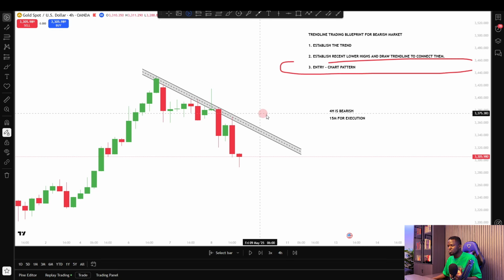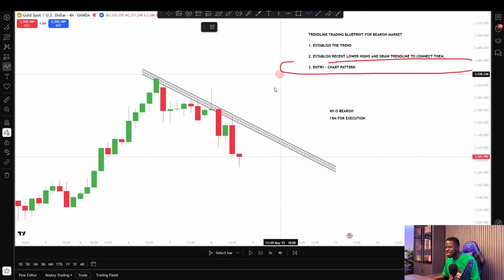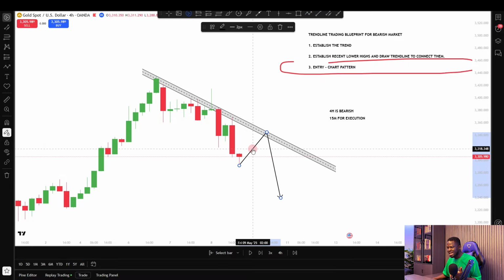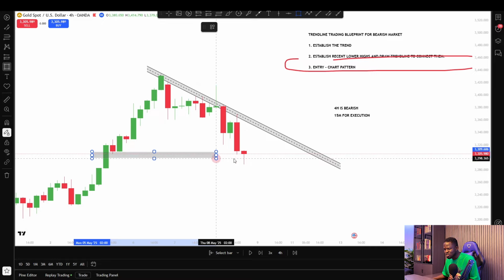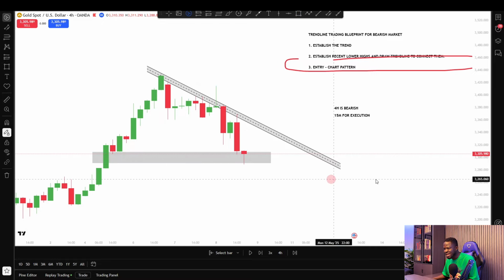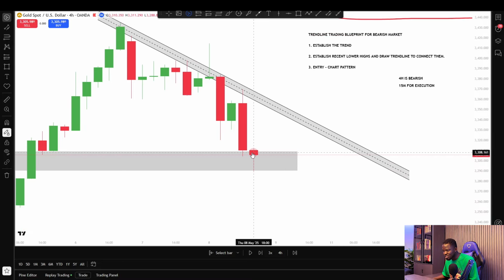So what I'm going to do now is to exercise a lot of patience and wait for buyers to push the price action to mitigate the downtrend line so that I can take a sell opportunity around the zone to the downside. And if you look at the formation of the candlestick right now at this support zone, it is a sign that buyers want to push the price action to the upper side and mitigate the downtrend line as a result of this hammer candlestick formation.